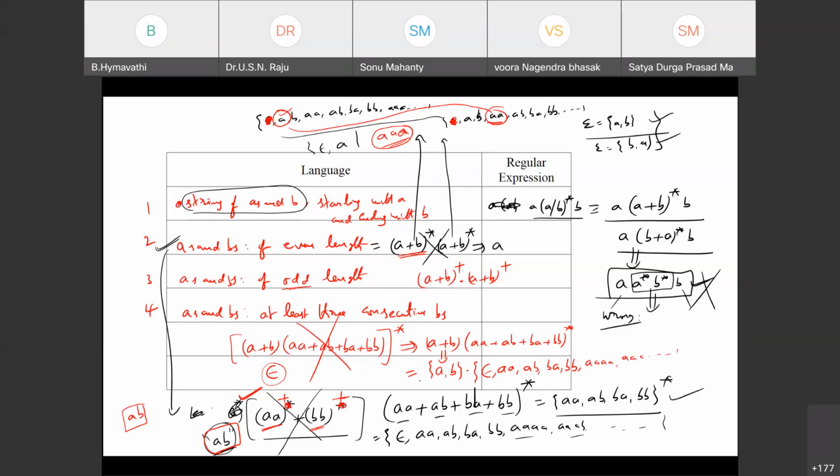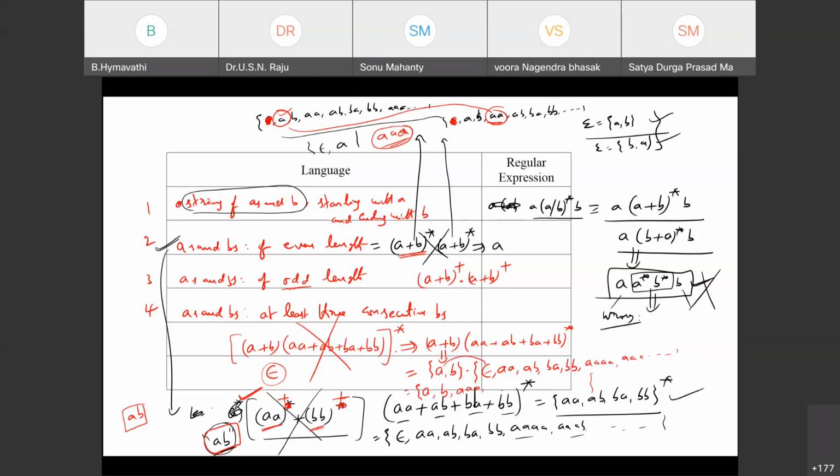If you concatenate, what is the minimum string? A concatenated with epsilon is A, B concatenated with epsilon is B, then A concatenated with double A is triple A, and so on. So you are getting strings of odd length.